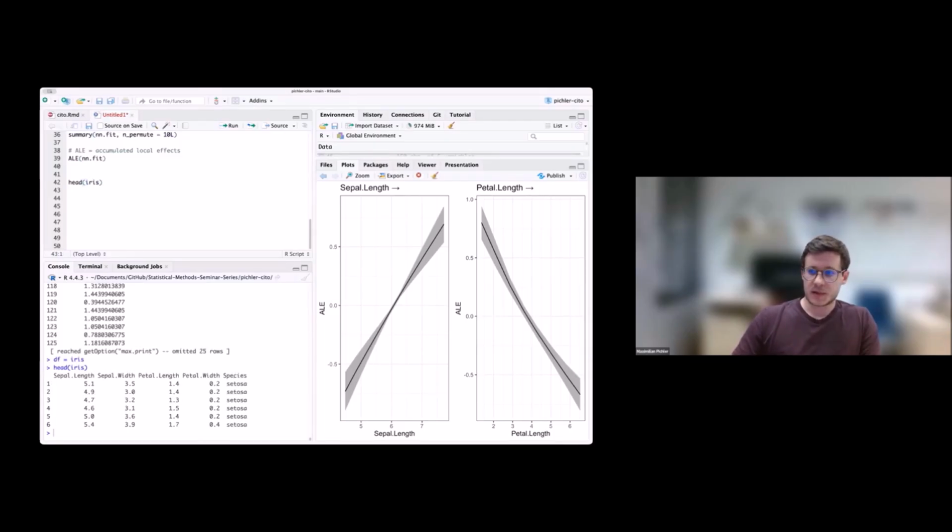We have here the species column, which is telling us which of the observations belong to which species. Now we want to build a classifier that is trained to predict which of these values belong to which species. So species will be the response, and then we're going to use, for example, these two predictors.